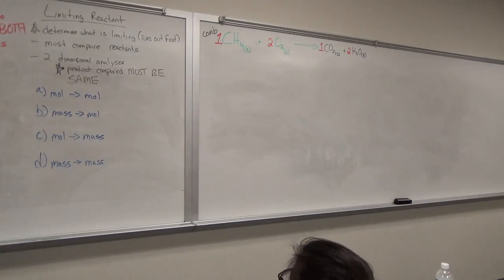All right. Now, as it pertains to these kinds of questions, you have to be given data about both. So let's look at a mole to mole question utilizing limiting reactant.